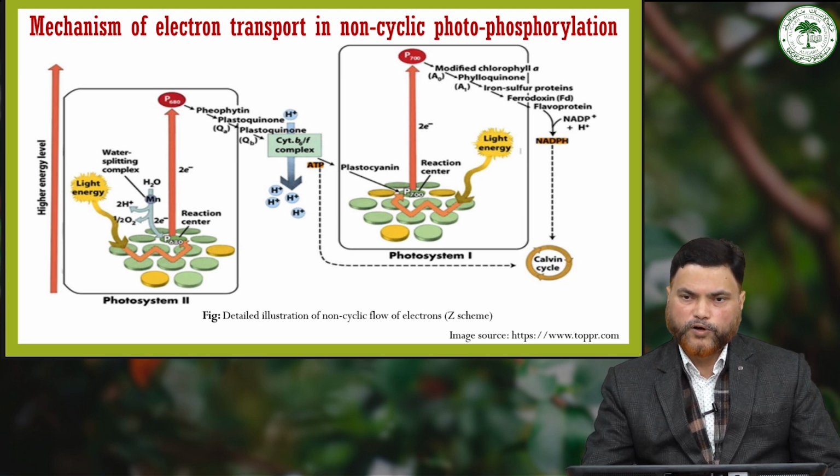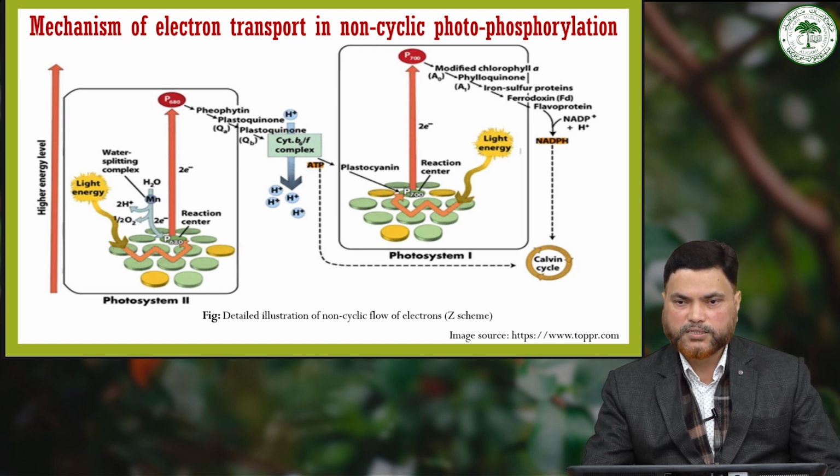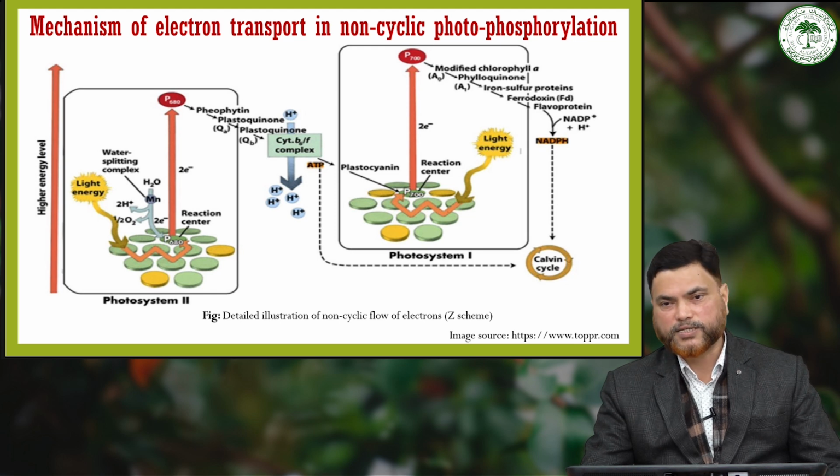Now, the reduced form of A0 then transfers the electron to A1, phylloquinone or vitamin K1, which transfers the electron to a series of iron sulfur centers called Fx, Fa and Fb. After these, the electrons are transferred to ferredoxin, which is a small water soluble iron sulfur protein present on the stromal side of the thylakoid membrane.